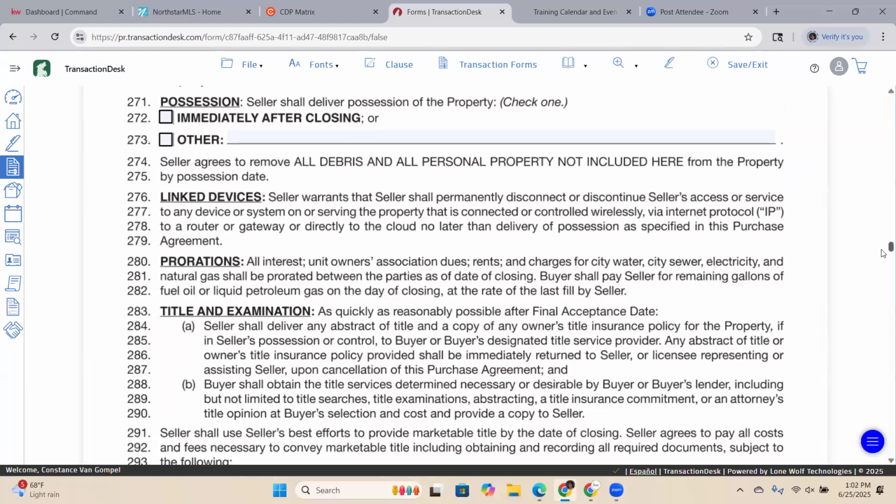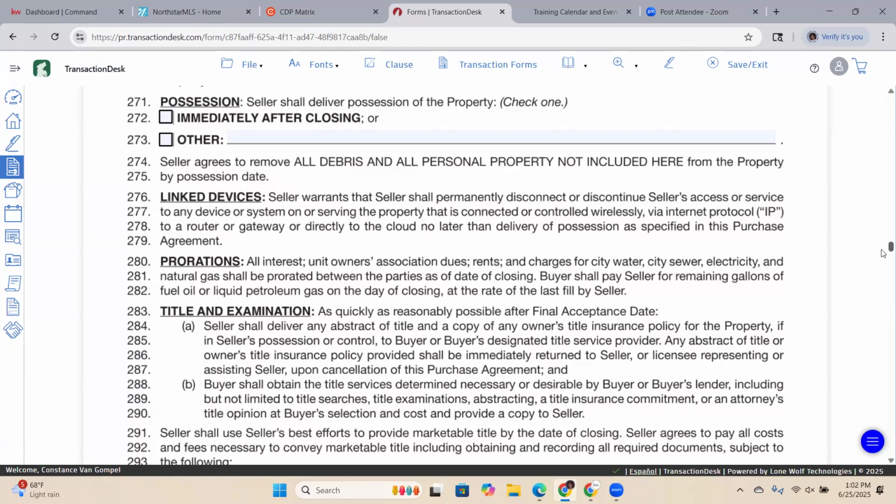Possession. Everybody really wants immediate after close. They want to take their keys and go to the house. There are some times where it might be other. It might be that the seller needs 48 hours to get out. If you are previewing the house and you think, okay, we're going to close in 40 days, I don't know if the seller's going to get everything out of here, maybe we should give them 48 hours at the end.